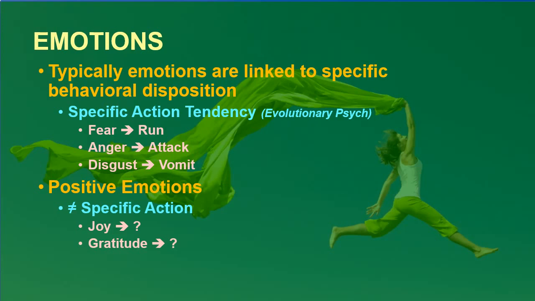So typically, emotions are tied to specific behavioral tendencies, dispositions. If we're afraid, we run. If we're angry, we attack something. If we're disgusted, we vomit or puke. Positive emotions, not so much.